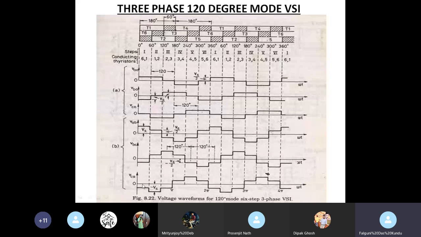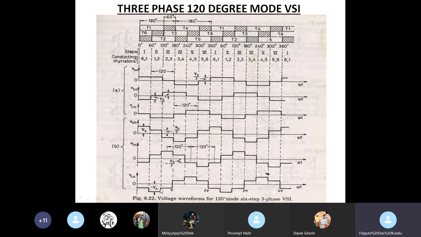For VCA, that means VCO minus VAO. During the interval 0 to 60 degree, VCO is 0 and VAO is plus Vs by 2. So the resultant becomes 0 minus of Vs by 2, that is minus Vs by 2.